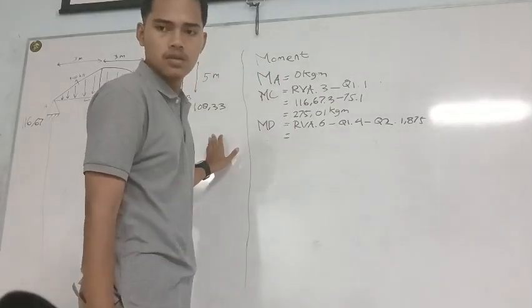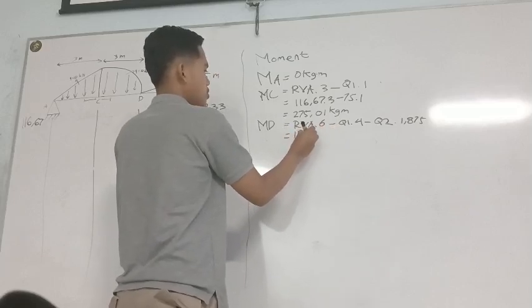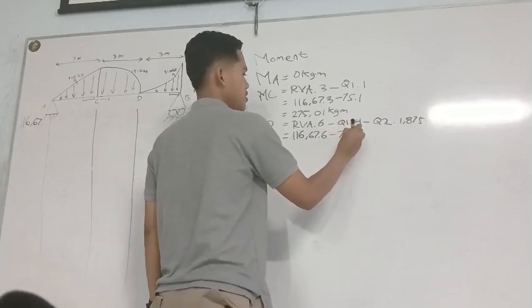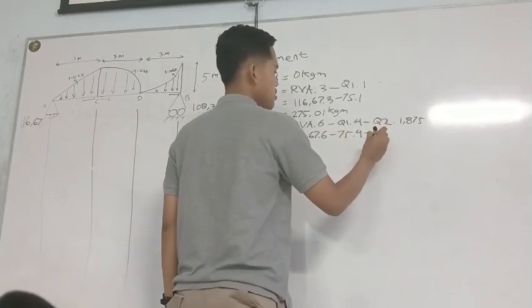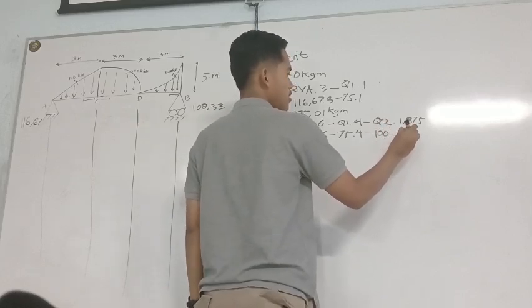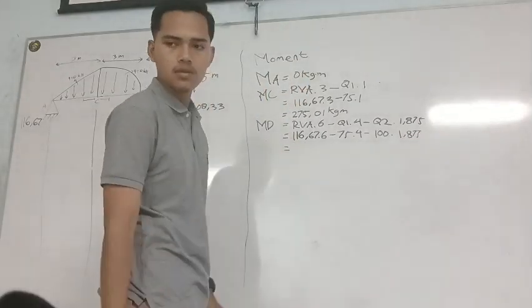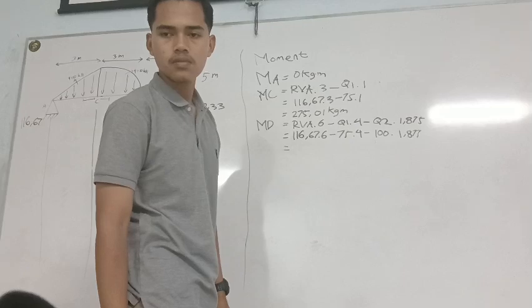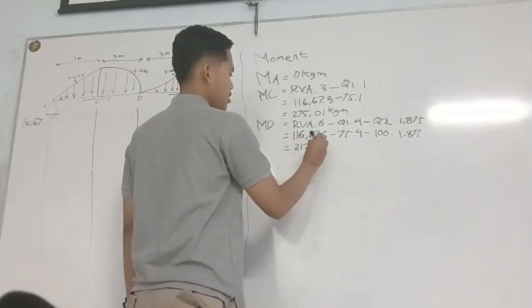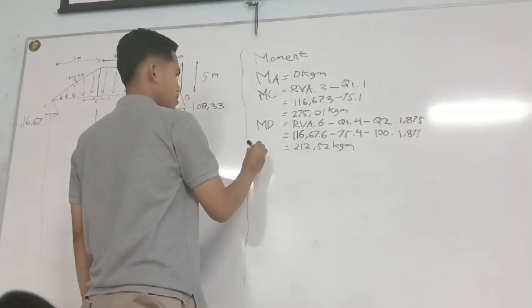That equals 116.67 times 6 minus 75 times 4 minus 100 times 1.875, which equals 212.52 kilogram meter.